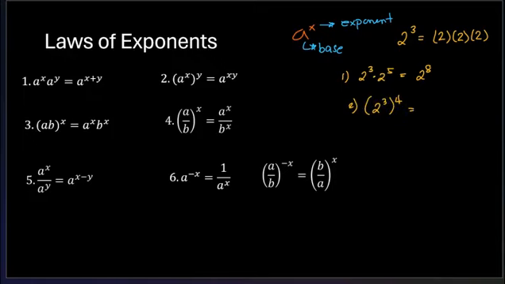I'm going to use a different color for the inside. These are 3 copies of 2, and you're going to be repeating that 4 times. So 1, 2, 3, 4.